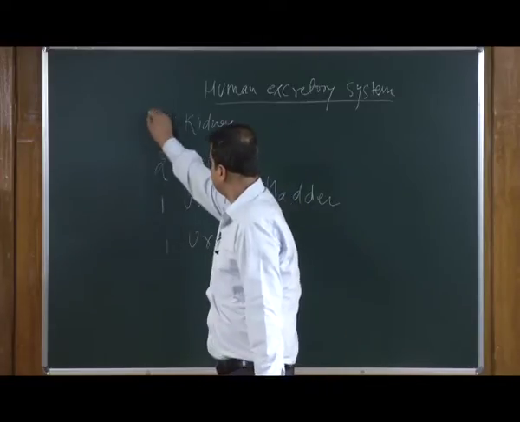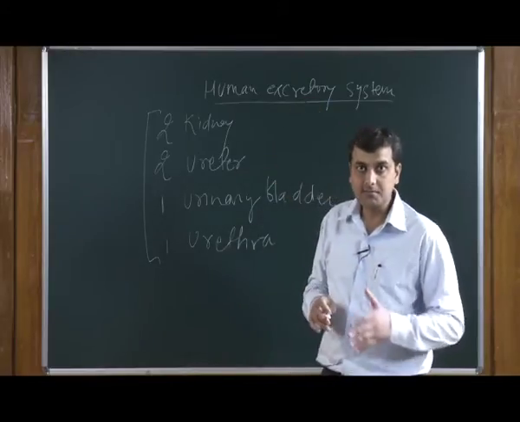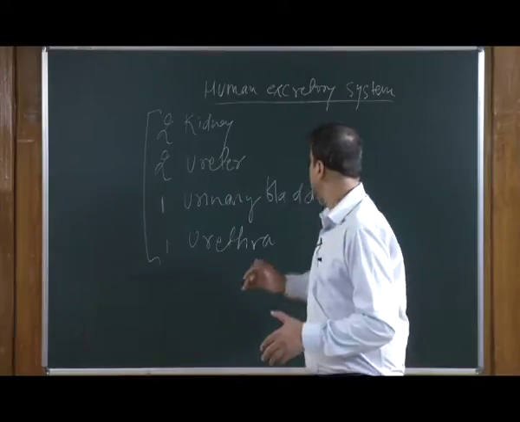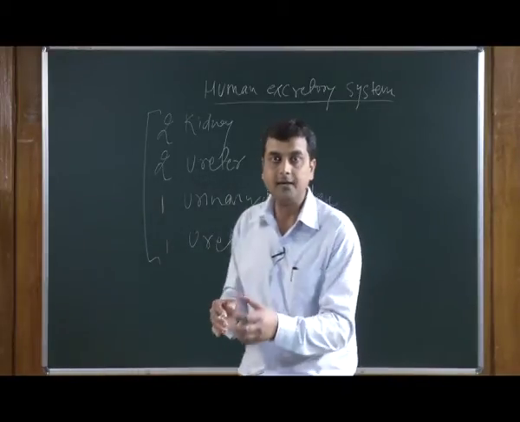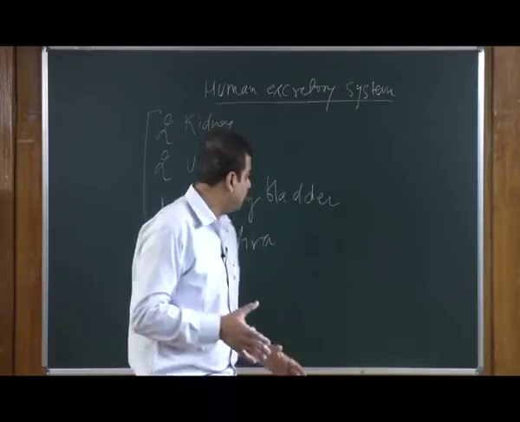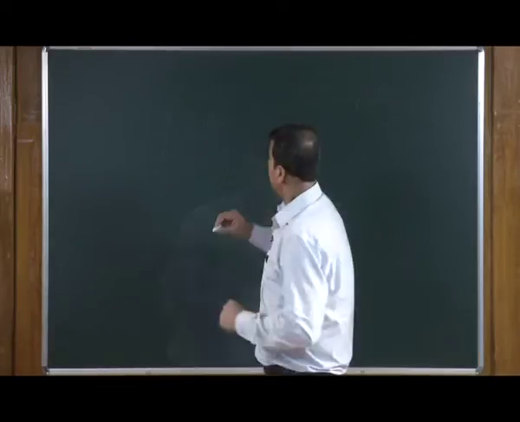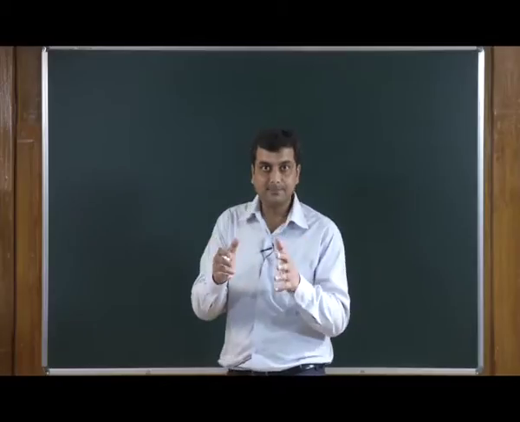So these are the components of the human excretory system: a pair of kidneys, a pair of ureters, a urinary bladder, and a urethra. That is the last opening of the urinary system, giving passage to the formed urine. So let us see the actual kidney structure and specification.